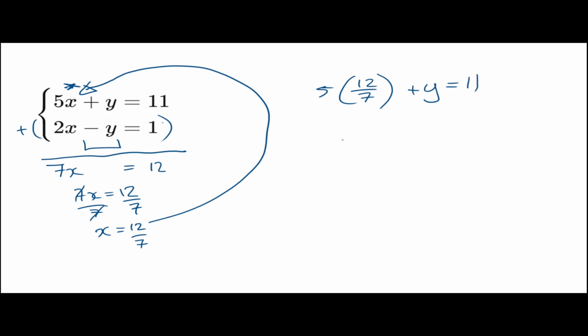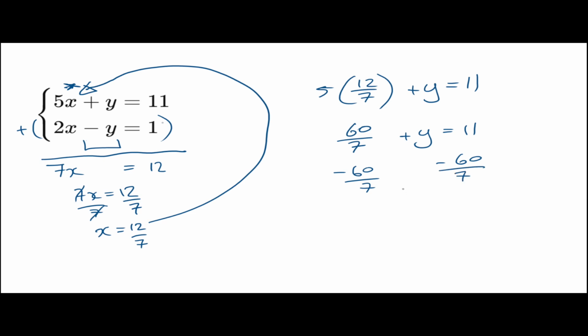So my 12 times tables aren't that great, so 4 12 is 48, 60. So 60 over 7 plus y equals 11. I'm going to take 60 over 7 away from both sides.